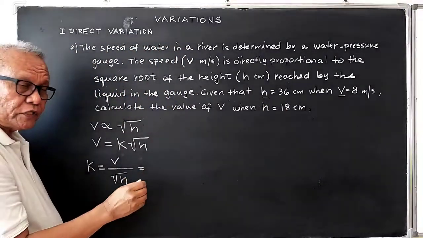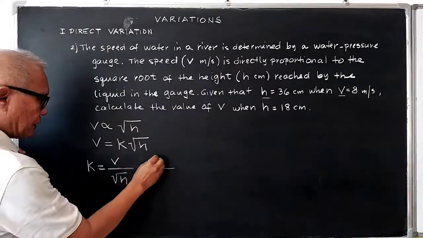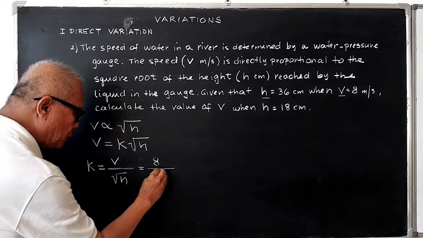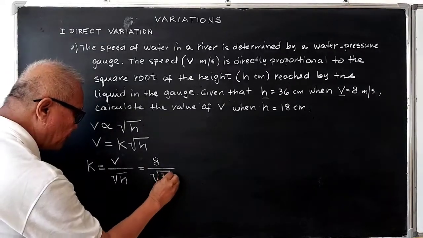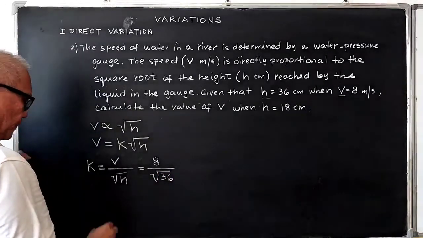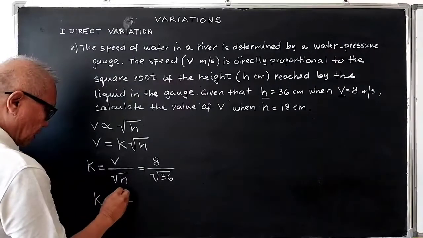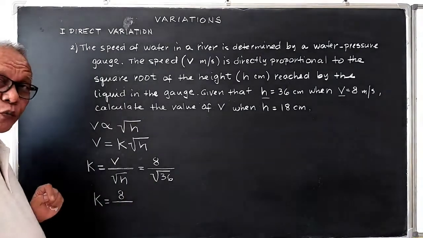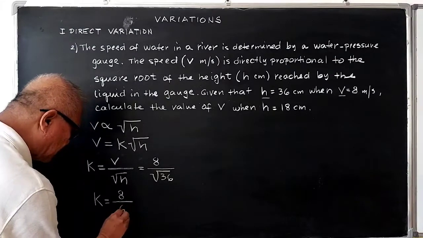So I'm just going to continue class here. The V is 8 here. And we have the square root of 36 here. Okay, so we have K here is 8 divided by the square root of 36, which is 6.